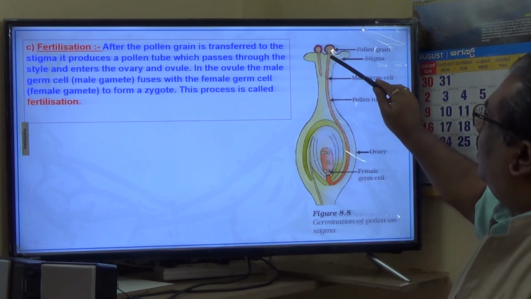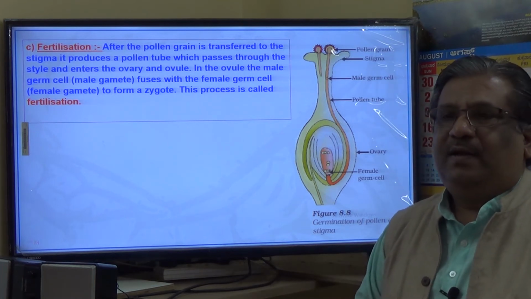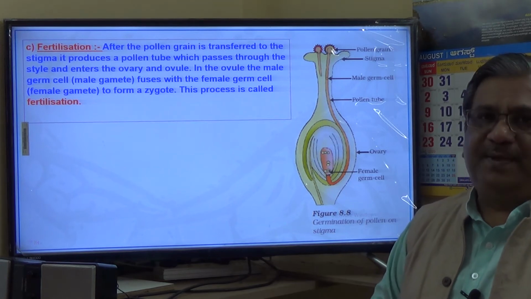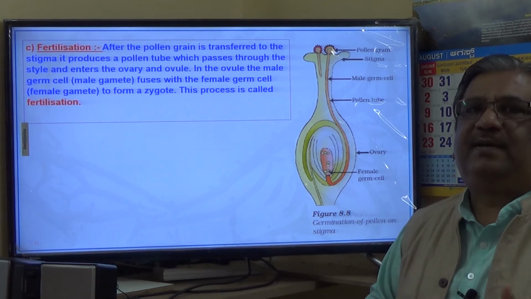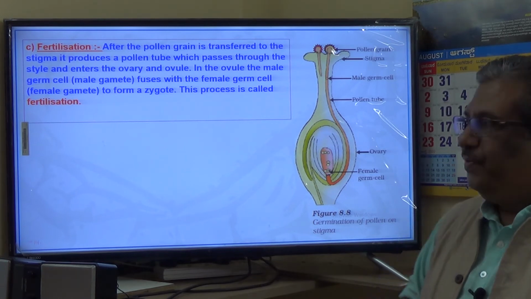You can see here the male germ cell, this small dot. Before that, why is there a development of the pollen tube? You have studied under tropisms, chemotropism. What is chemotropism? The growth of part of the plant towards a chemical stimulus is called chemotropism.